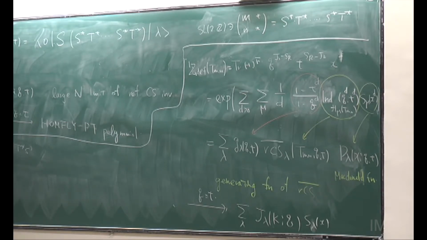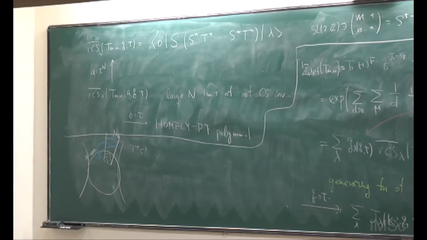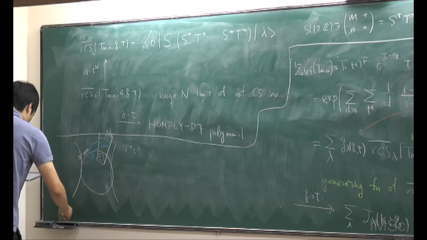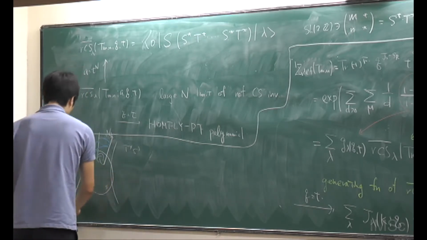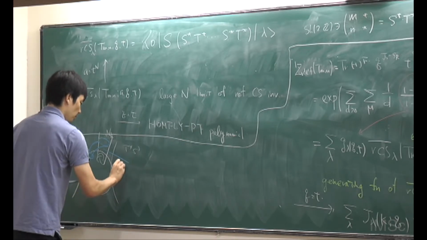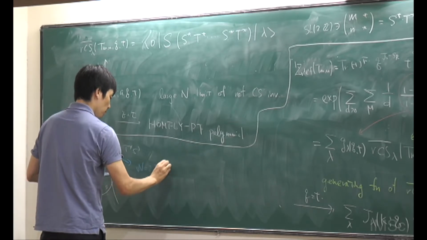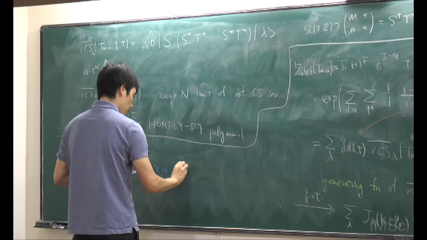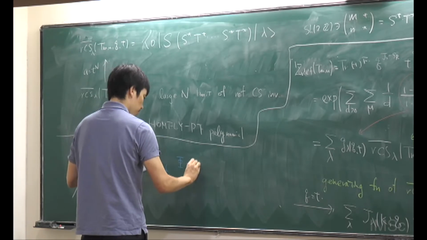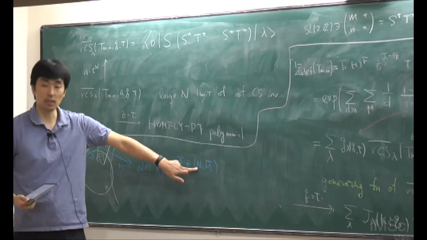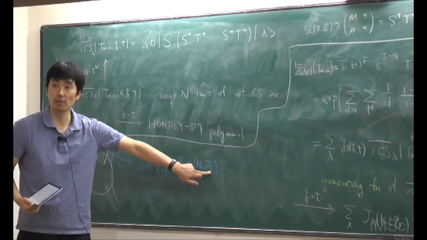So there is an M2 brane attached between M5 and M5 prime, and it turns out that this M2 brane gives rise to the N equal to 2 chiral superfield phi, which transforms as the fundamental in SU(N) and anti-fundamental in SU(N).